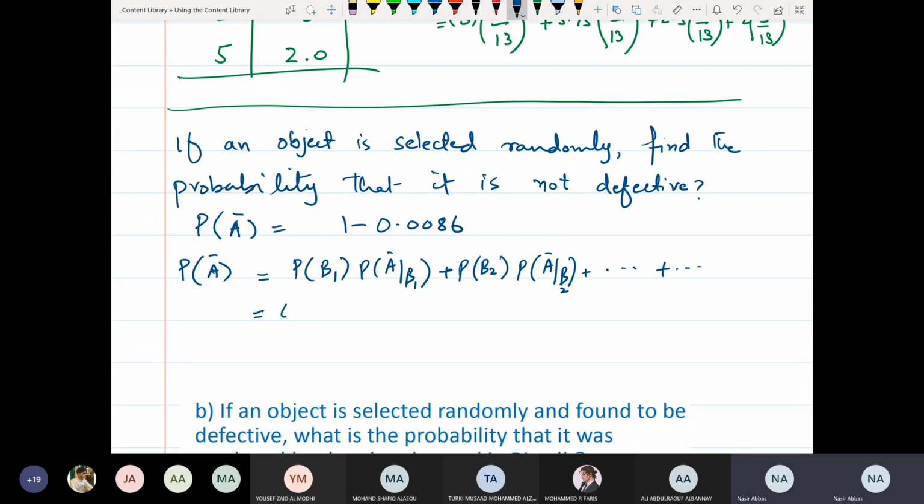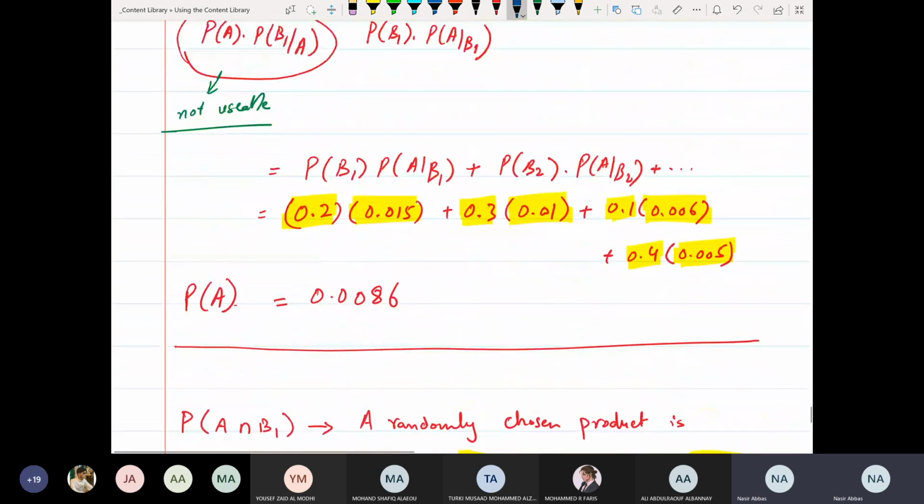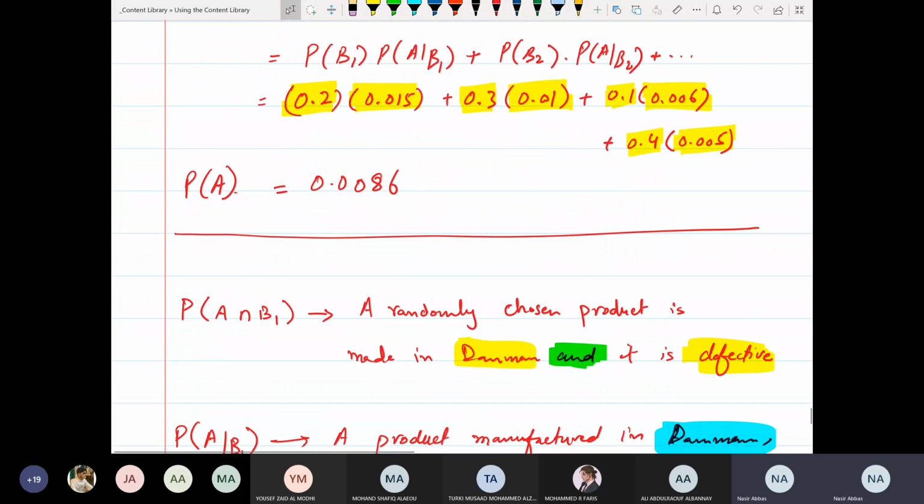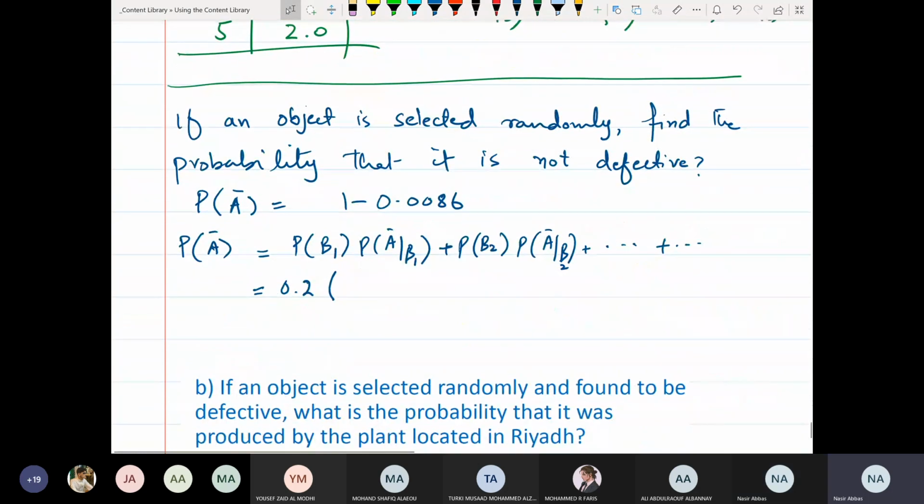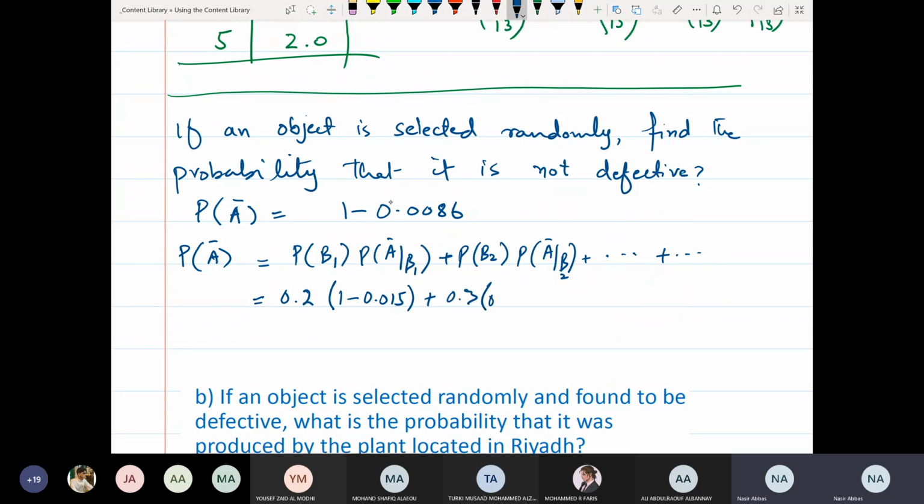And this will be 0.2 multiplied by the probability of being not defective from the MUM, which is 1 minus 0.015, plus 0.3 multiplied by 0.99, which is 1 minus 0.01, plus 0.1 multiplied by 1 minus 0.006, plus 0.4 multiplied by 1 minus 0.005.